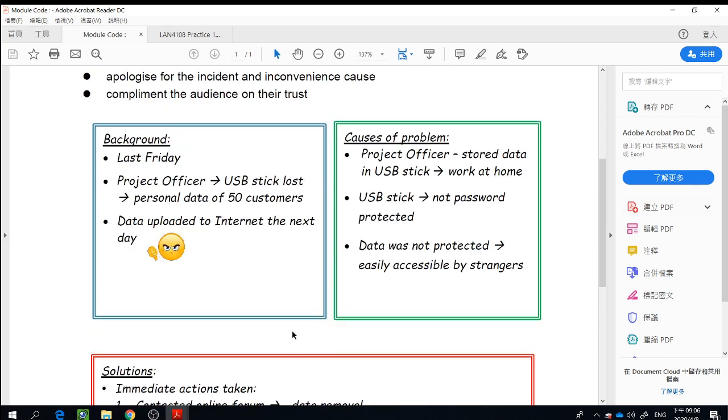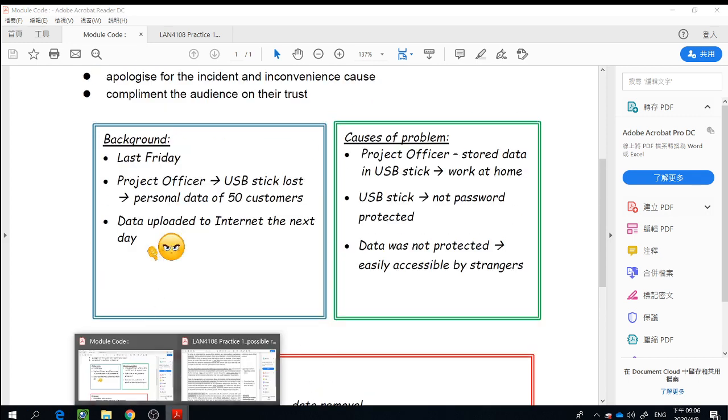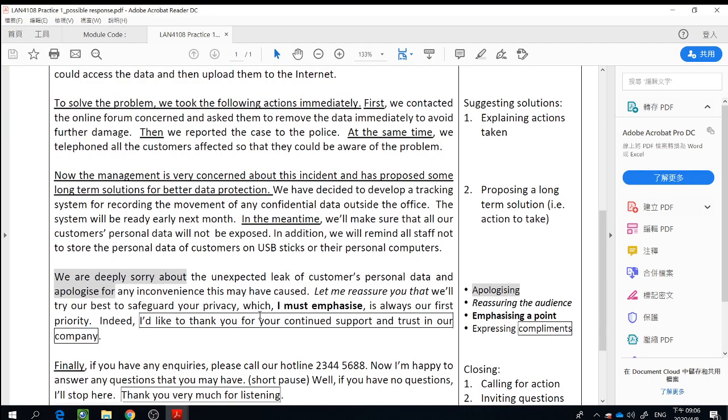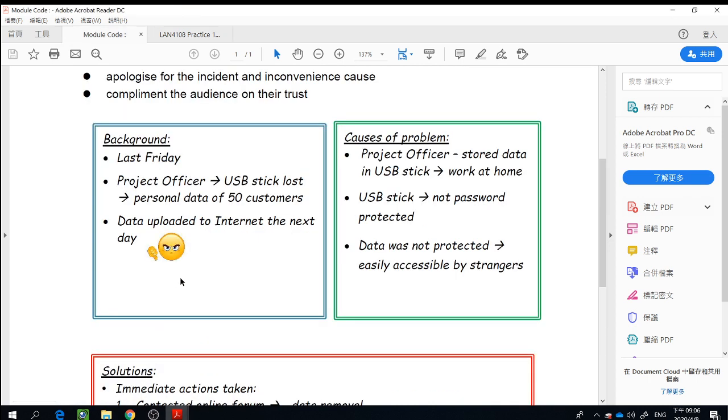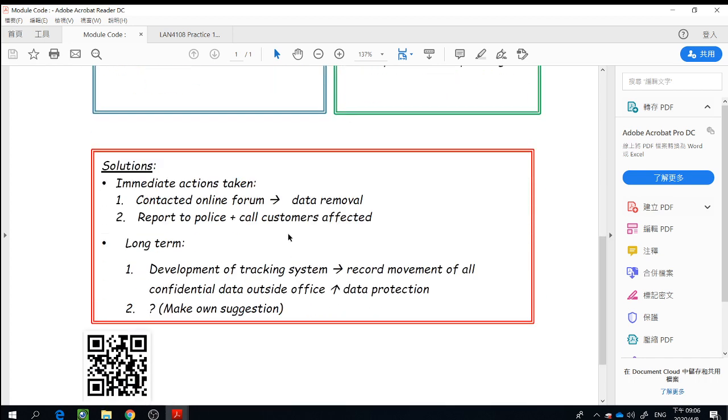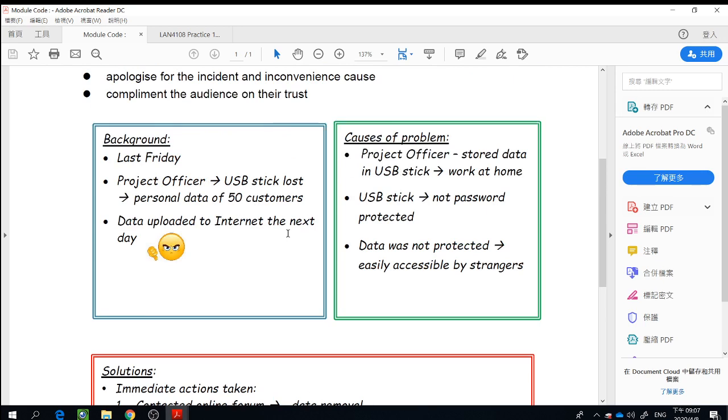I think you can take this for reference, but you don't need to mention all the details so much. I think the marking scheme is that as long as you can make use of the words in a sensible way, you can organize the ideas, you can make it understandable in your own way, in a logical and sensible way, you can pass. That's the criteria.